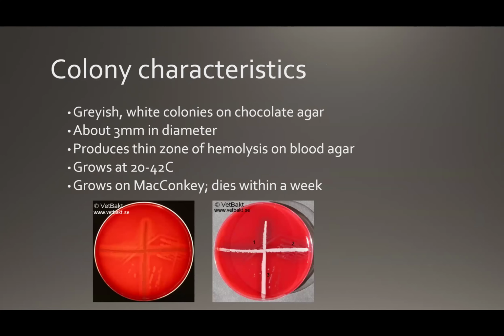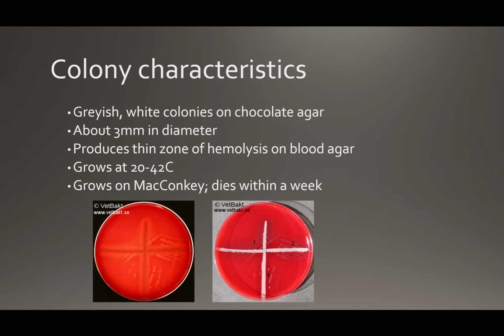In the lab, we can grow this in blood agar or in chocolate agar. They look like gray-white colonies. They're very small, about 3 millimeters in diameter, and they produce a very thin zone of hemolysis.